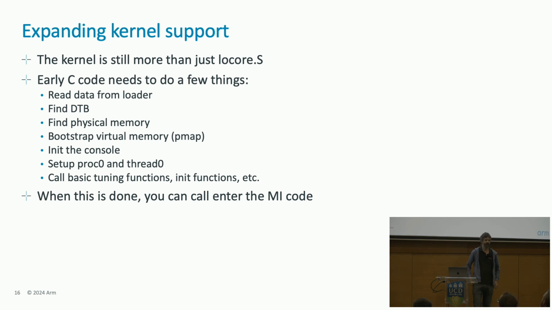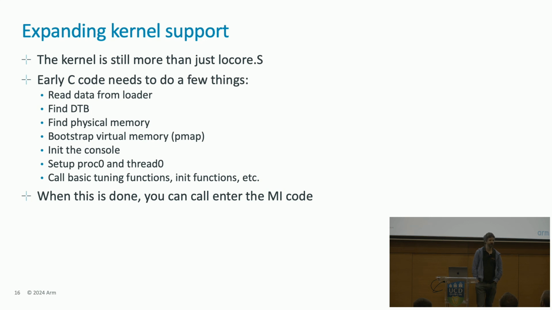You need to pass in physical memory locations, so we need to know whereabouts to actually assume memory is, because we don't happen to know. We ask EFI and loader.efi, and then that will tell us. So you need to do that. You need to do some bootstrapping. You can do some of that in assembly. It's a lot nicer if you can do it in C though. You need to turn on the console. It's nice to have printf working.